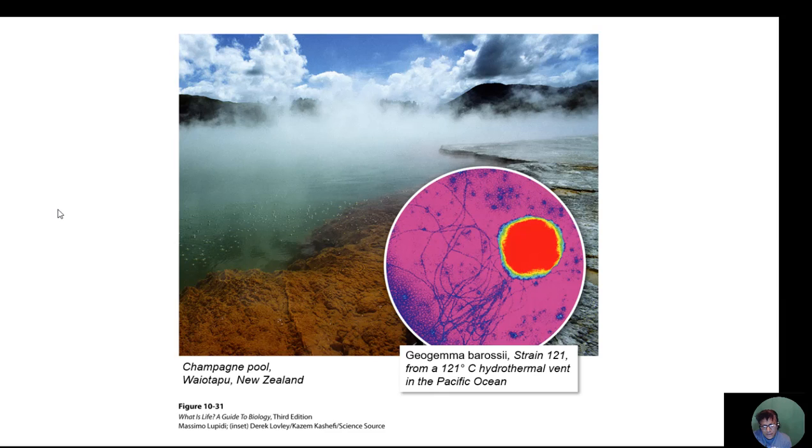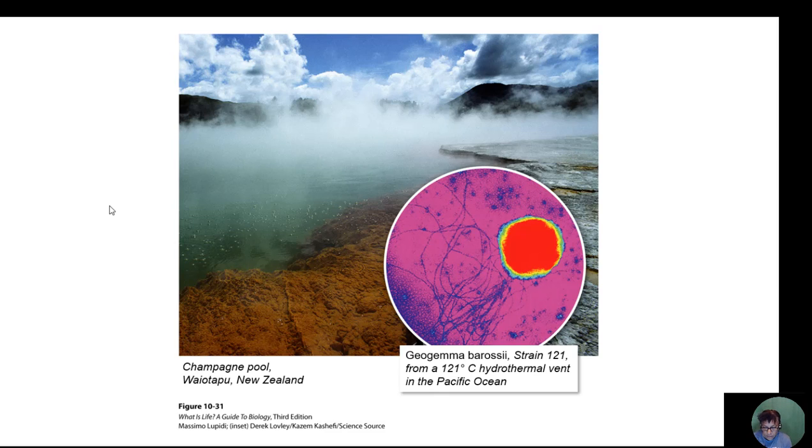All right, so this is an example of our archaea. These are the extremophiles. They are a separate classification. Before, they were thought to be part of bacteria. They got their own classification, and of course, prior to that, we didn't even know they existed.